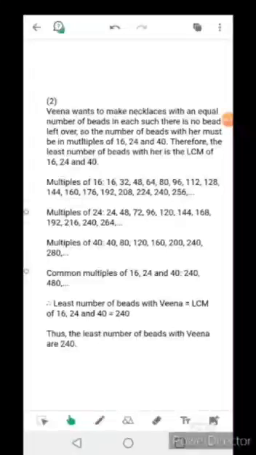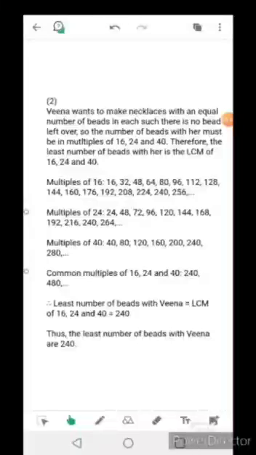So the number of beads with her must be in multiples of 16, 24 and 40. Therefore the least number of beads with her is the LCM of 16, 24 and 40. So you will have to find the multiples of 16, multiples of 24 and multiples of 40.